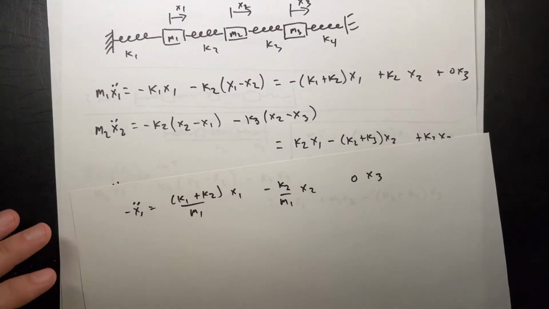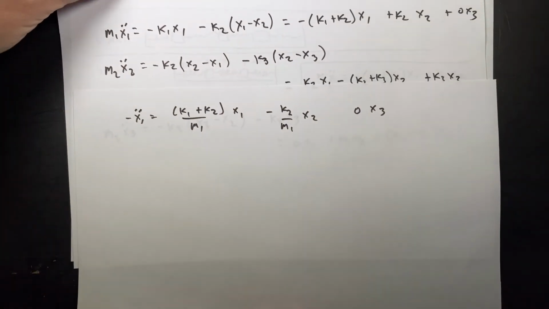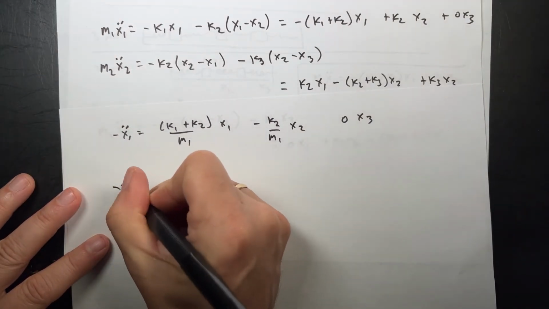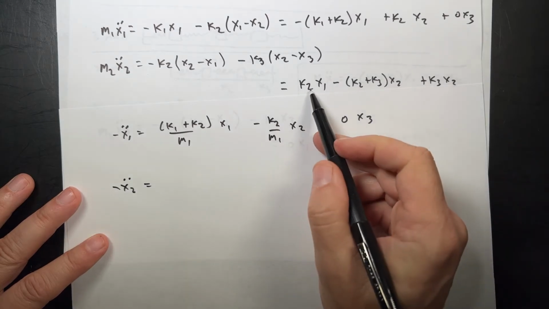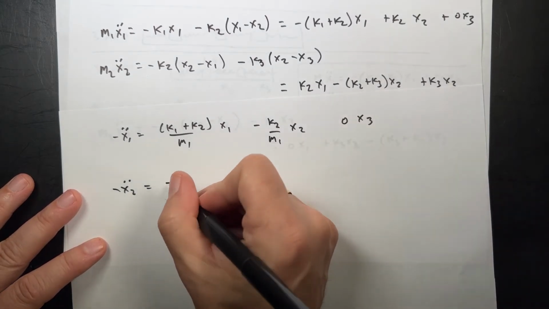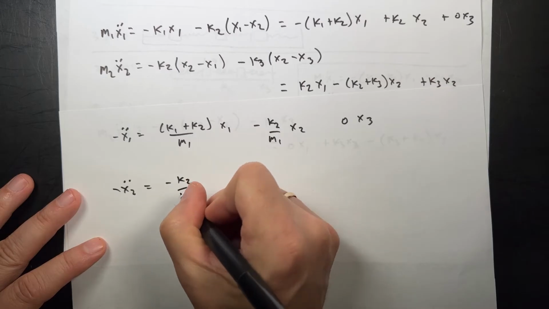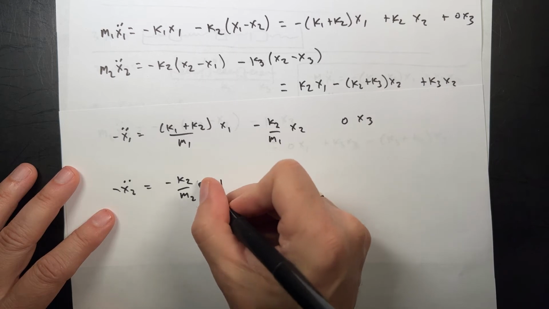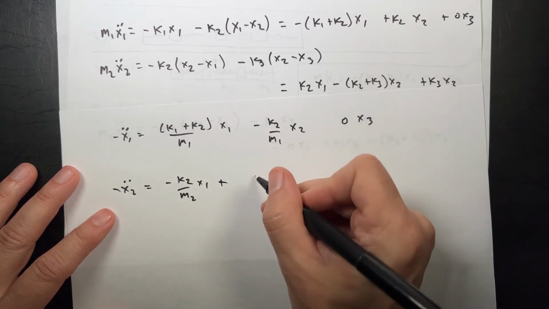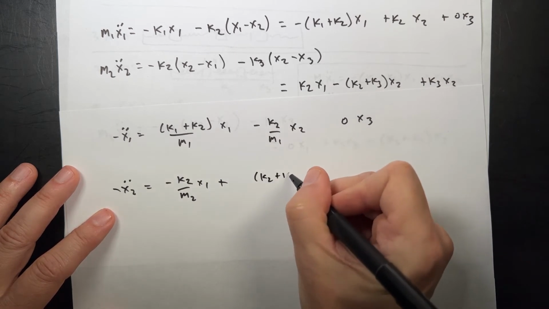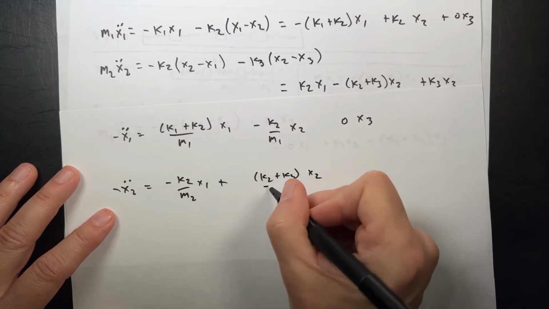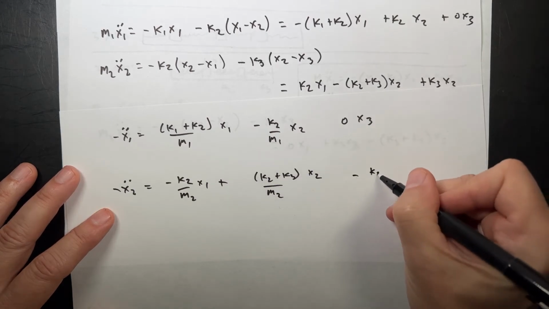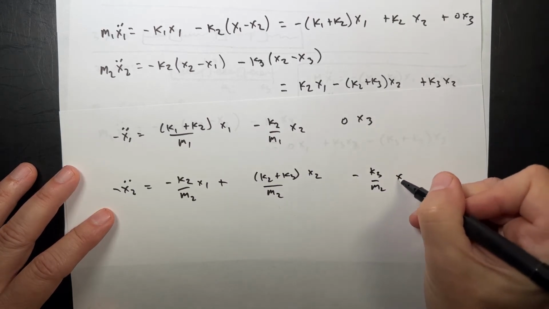Now for the next one, I have negative x2 double dot. It's going to be equal to negative k2 over m2 x1, because I'm dividing both sides by m2, plus k2 plus k3 over m2 x2, and then minus k3 over m2 x3.